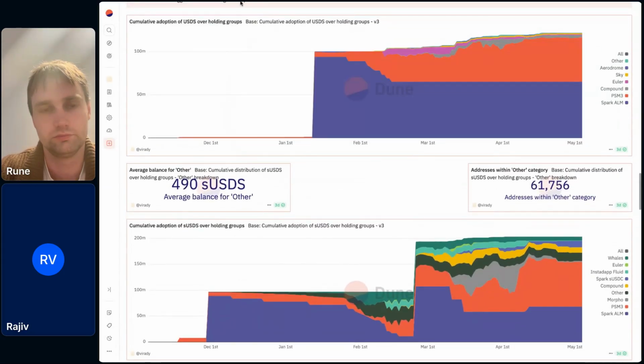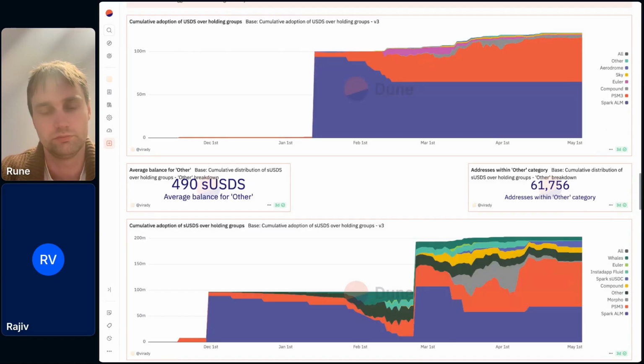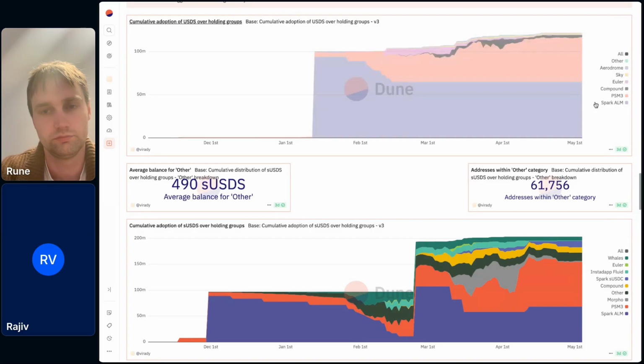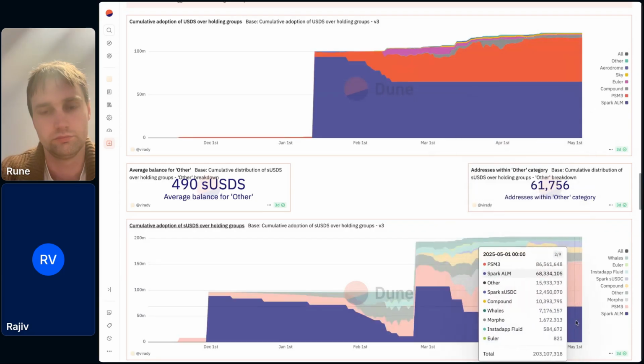We've got a dedicated accessibility rewards dashboard, and hopefully you're seeing another screen that shows the holdings of USDS and SUSDS on Base. And you can see the flow. Originally, what gets pre-minted on that Spark liquidity layer flows into the ALM, and you can see that for both USDS and SUSDS.